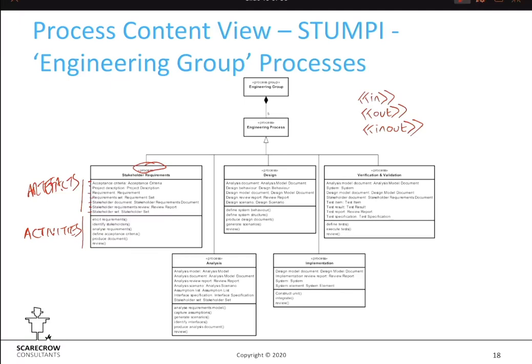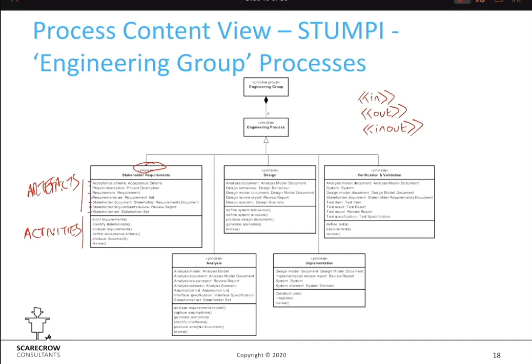And what that means, if you do it properly in a tool, is you can make sure that if something is coming into a process, you can see whether it's an output of another process. If it isn't, then you've got to check that it's coming in externally, and that's fine. But if it isn't an output of a process and it isn't coming in externally, where's it coming from? So you can use these in-outs to make sure you understand how things are starting to flow.